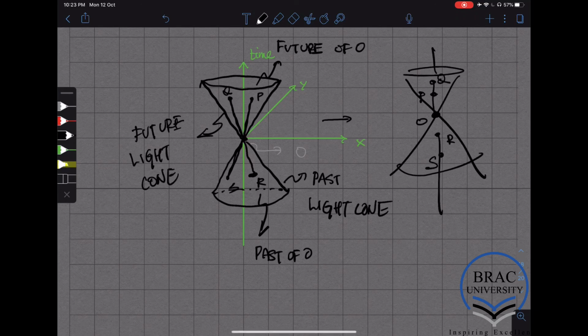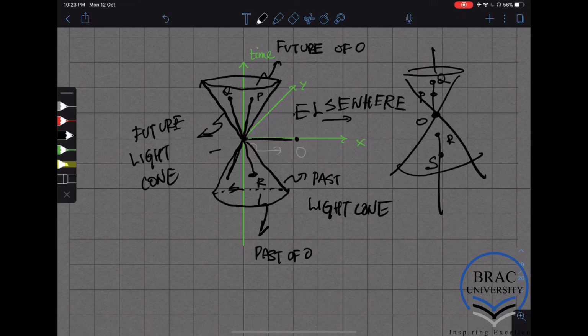And all the points outside this light cone are neither in the future of O nor in the past of O. All these points can be thought of as being simultaneous with O in some reference frame. So for example, this point and this point have the same time coordinate, but they're separated in a space-like fashion. So all of these points, you can call them elsewhere.